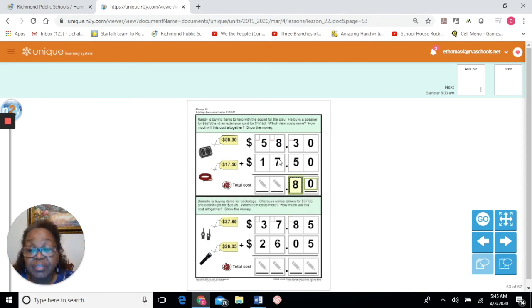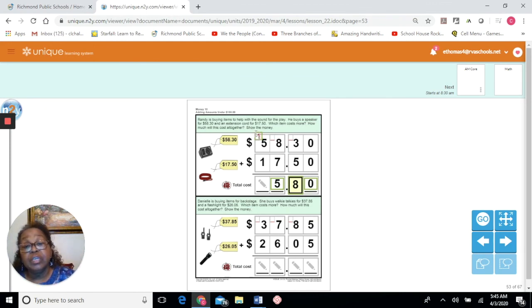I have a 5 in the ones place and a 1 in the tens place. So I put the 5 that's in the ones place in this box. I take the 1 that was in the tens place and I add it on top because we are regrouping. We cannot put 2 digits in that box. We have to regroup them so that the tens place moves up and the ones place stays down.